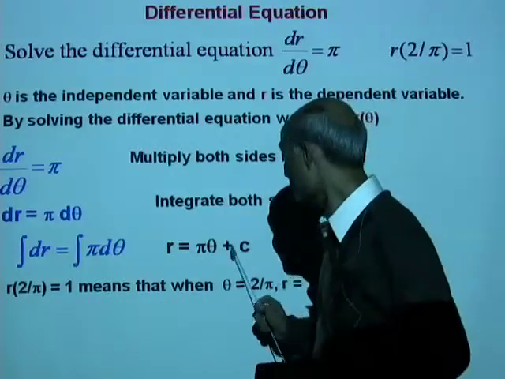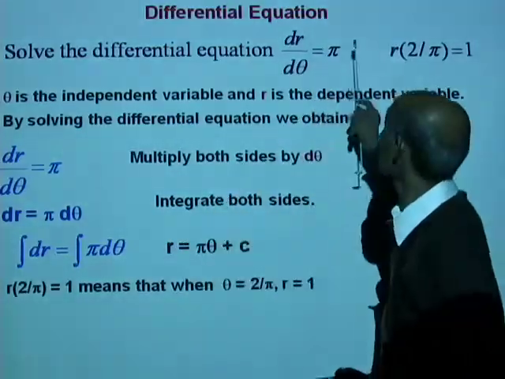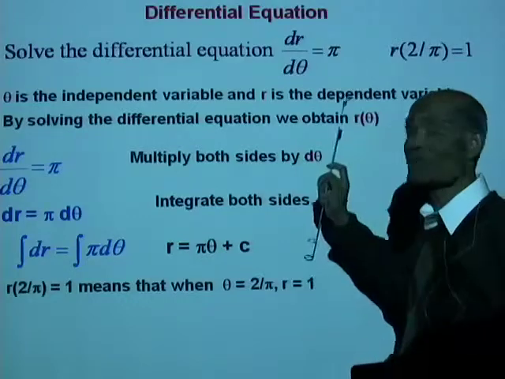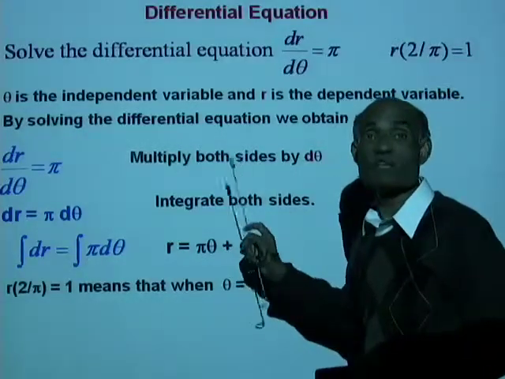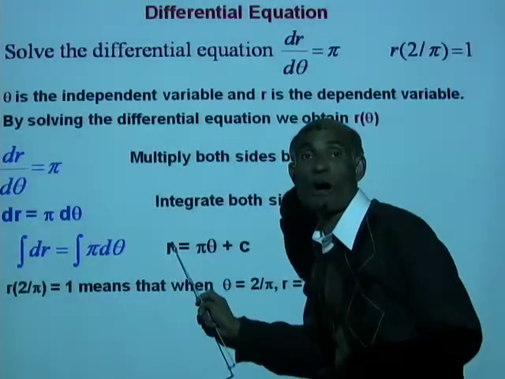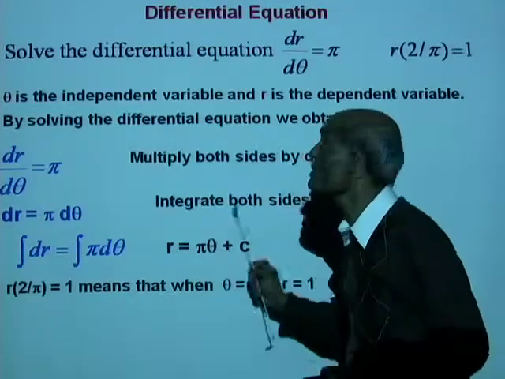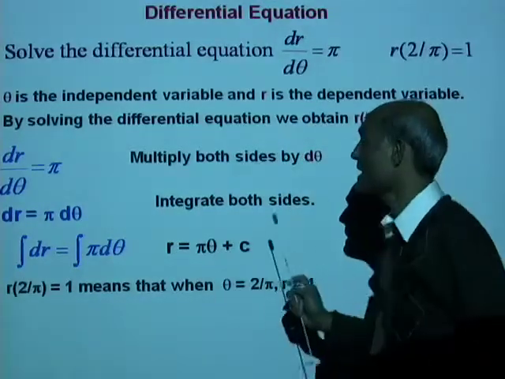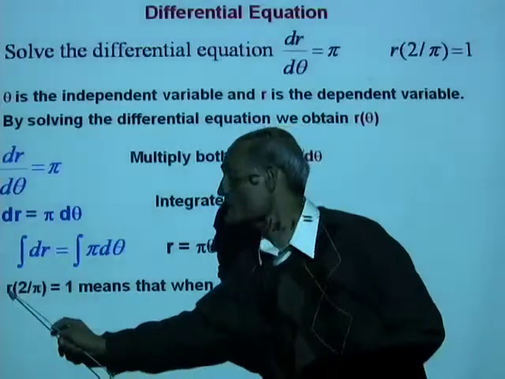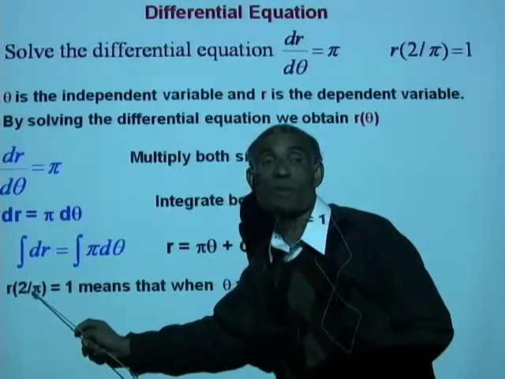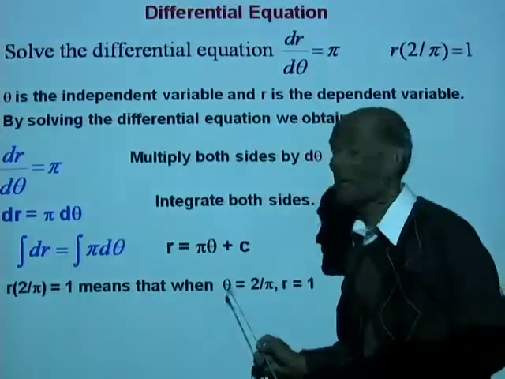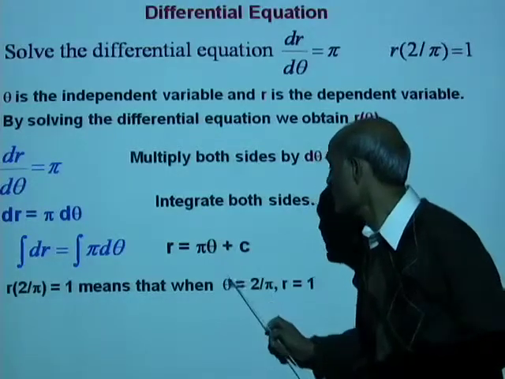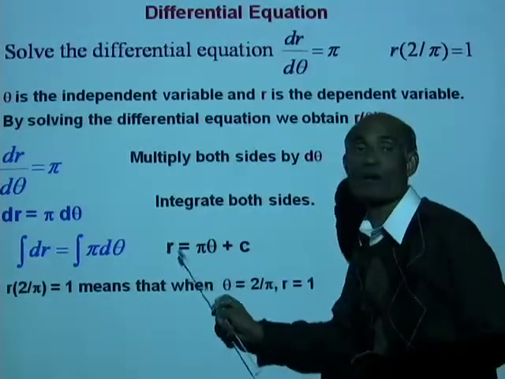Now, in order to find the value of c, we use that given information. What is the given information? The given information is the value of r when theta equals pi over 2 is 1. That's what it means. r of pi over 2 equals 1 means when theta equals pi over 2, r equals 1.